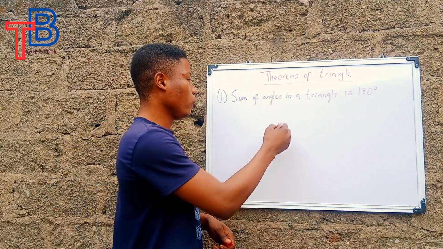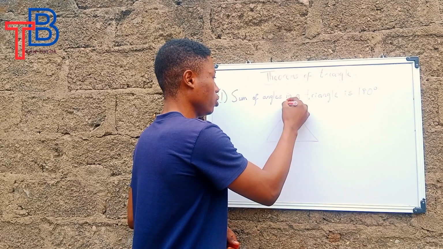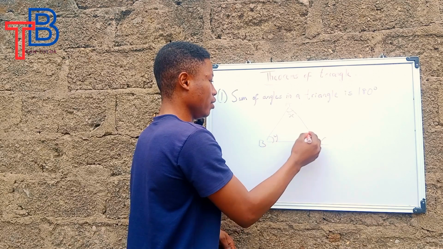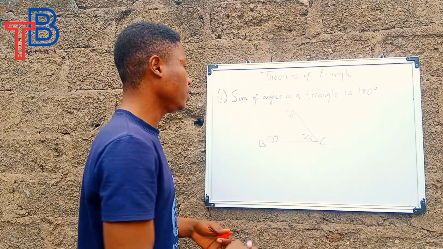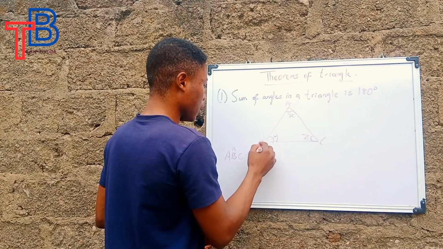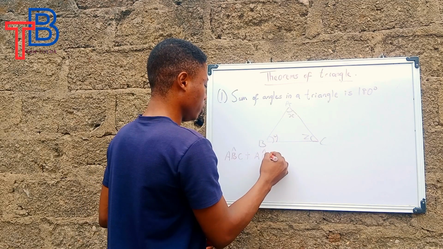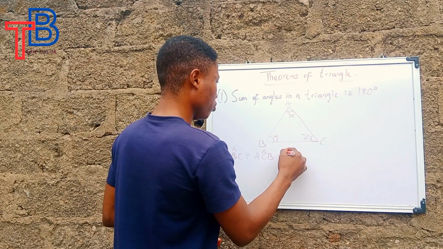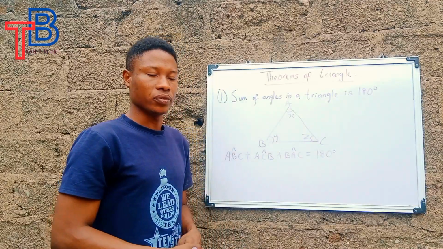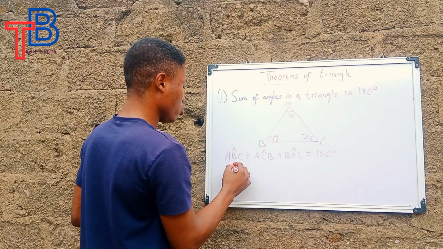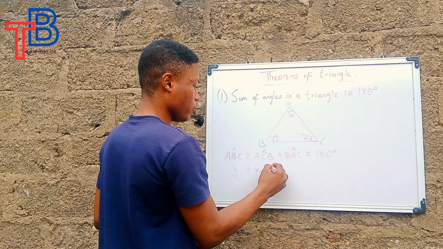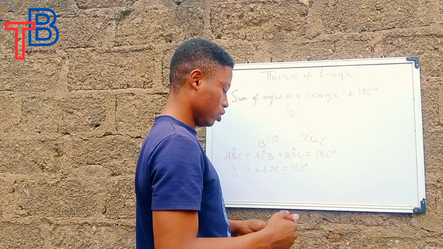This is telling you that if you have a triangle ABC, and the angles here are x, y, z, you can actually say angle ABC plus angle ACB plus angle BAC is equal to 180 degrees, which means you have your ABC to be y plus your ACB to be z and your BAC to be x equals 180 degrees.